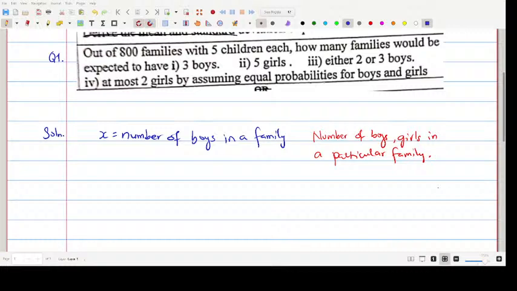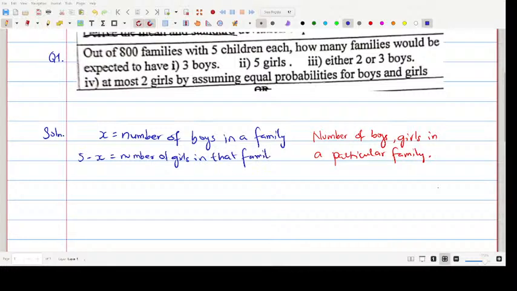Because this is the thing that is changing, the number of boys and number of girls. There are five children total, so the number of girls would be 5 minus x, so 5 minus x is equal to the number of girls in the same family, right?